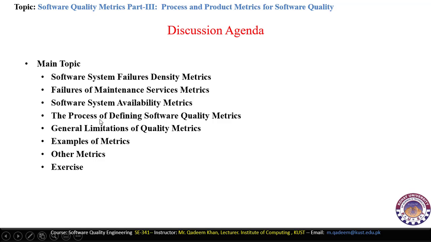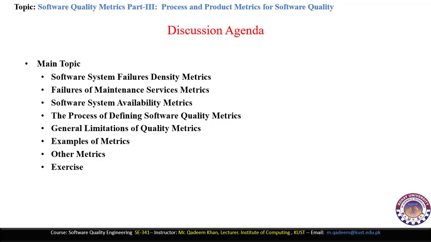Then we have a complete process of defining software quality metrics. This is very much important. It will help you understand how different steps will be used and what these steps are to measure the software quality. Then we have general limitations of the quality metrics. Here we will discuss different problems or limitations that may occur during the measurement of software quality.